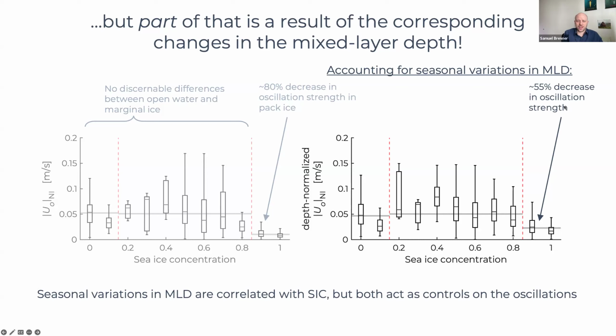But when you account for the changes in mixed layer depth, that drops to about a 55% decrease in inertial oscillation strength. So ice is having a major effect, but it's not only the ice that's having an effect here. And we have to take into account the ocean structure when we're thinking about how the ocean velocity changes and how to interpret those changes in the frame of sea ice concentration changes.